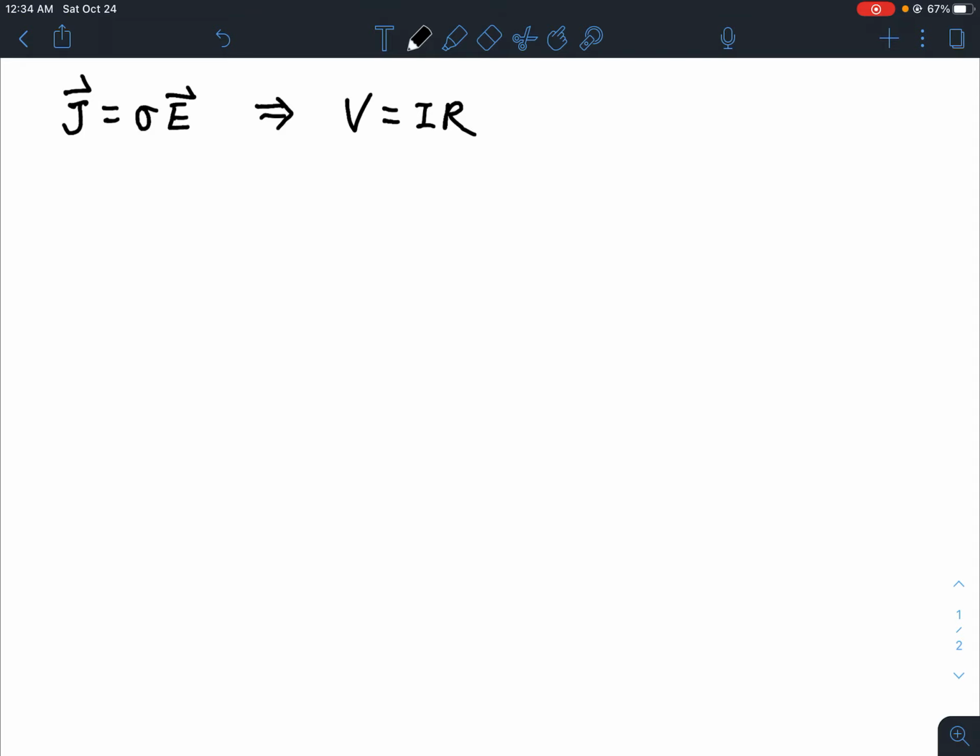We can build a very simple model to understand the meaning of this conductivity. This is called a collision model of conductivity. We know that electrons carry the current in a normal material.